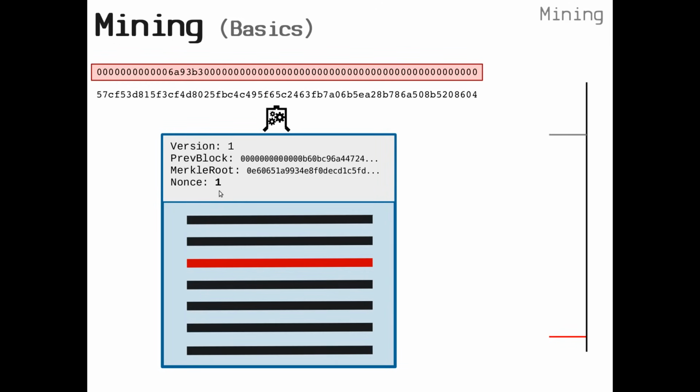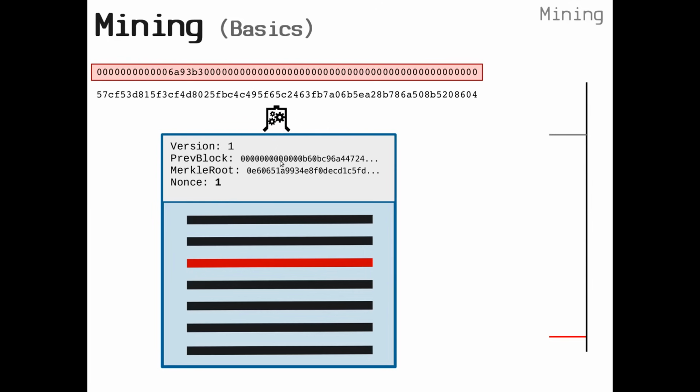So for example, their first attempt they might have had the number 0 in there. Then if that fails, they'll change the nonce and push the block header through the hash function again. Even though we've only made a small adjustment, like I showed you earlier with a hash function, small adjustments can produce completely different results.